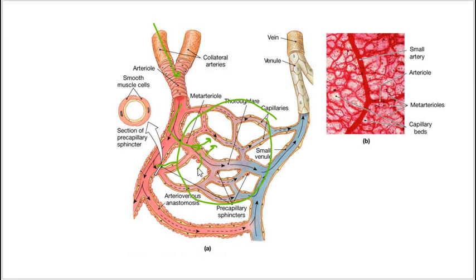Nutrients are transported by diffusion, osmosis, filtration, and facilitated transport. They leave the capillaries and enter the interstitial fluid, and from the interstitial fluid they go to the cells. Cells use them and produce carbon dioxide, which diffuses into the blood vessels and is then transported back to the heart.